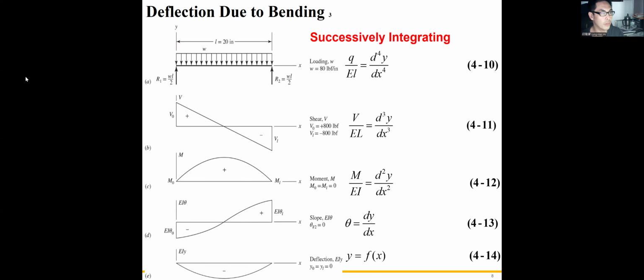And then we just plot this shear and bending moment diagram from the loading from the previous one.